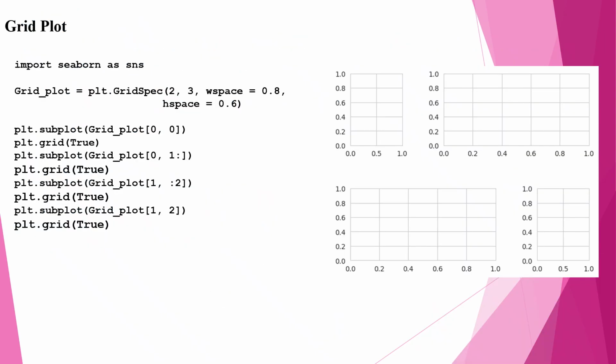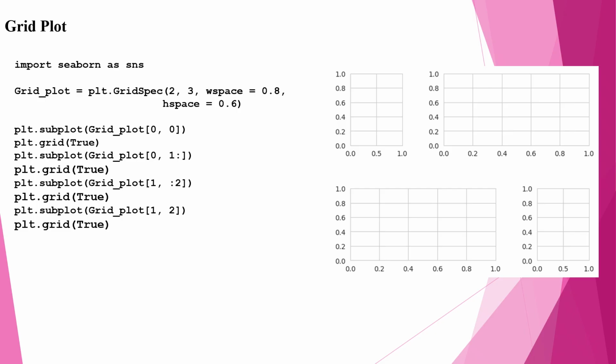This demonstrates how to create a flexible grid layout of subplots using GridSpec in Matplotlib. The GridSpec function is used to divide the figure into a grid of 2 rows and 3 columns with parameters like wspace and hspace controlling the spacing between the plots. Then plt.subplot is used with GridSpec indexing to place plots in specific positions within the grid, such as a single cell, multiple cells, or spanning multiple rows.